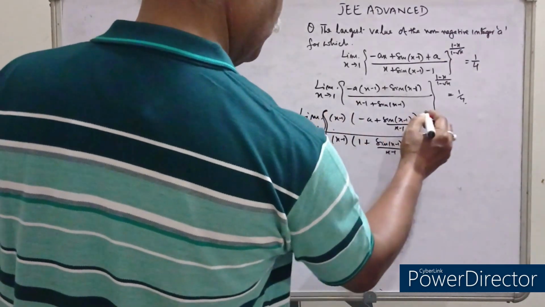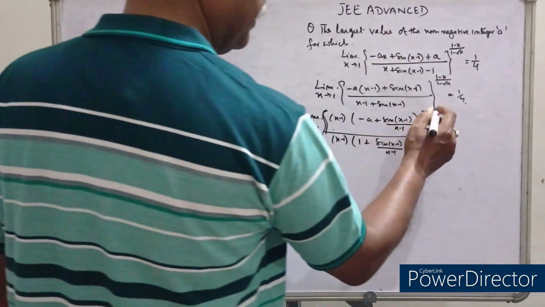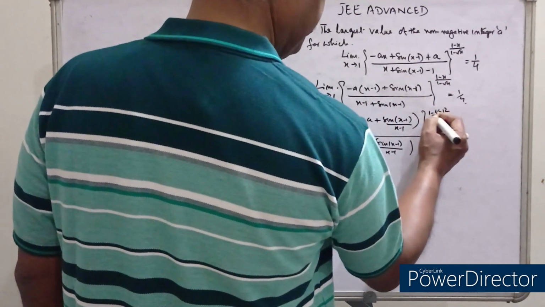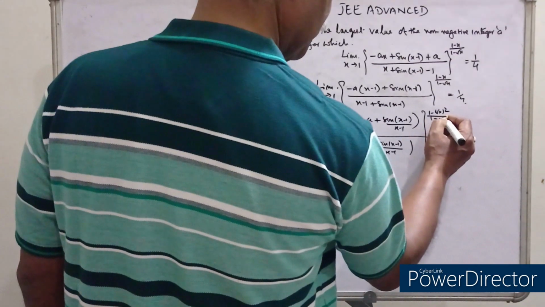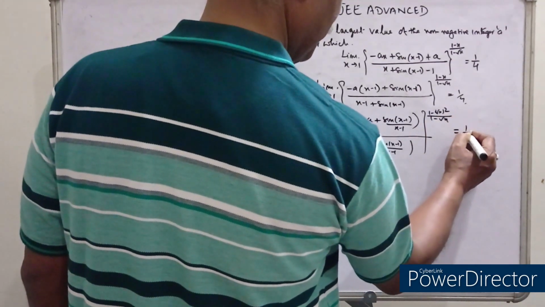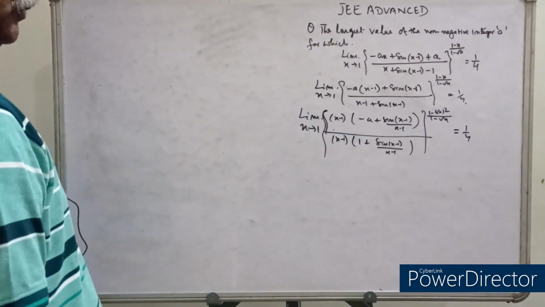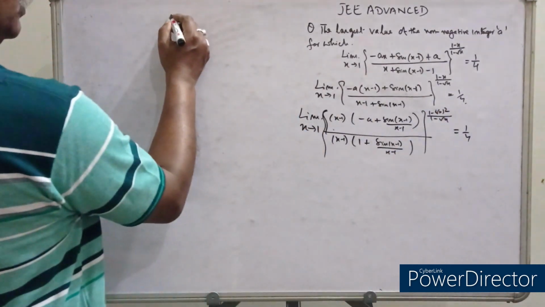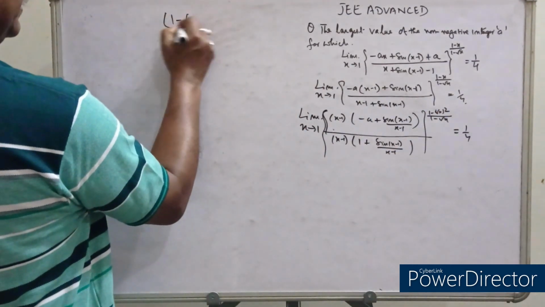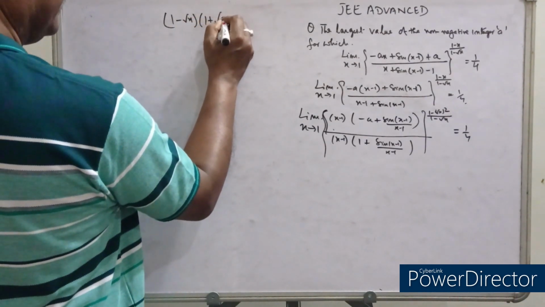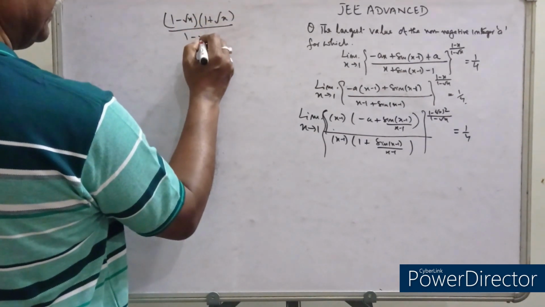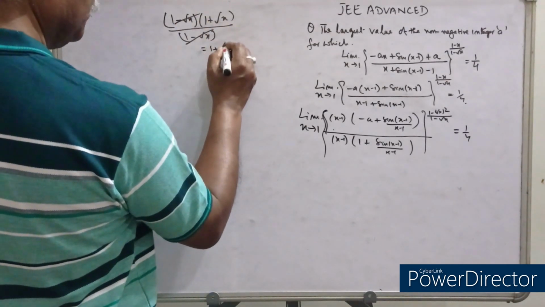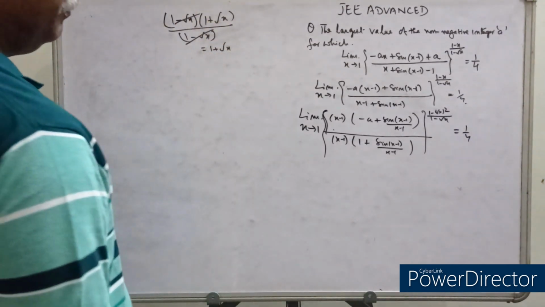As a whole, make an arrangement for the power: (1-√x)(1+√x)/(1-√x), which is a square minus b square. The 1 minus root x cancels out and you get 1 plus root x.